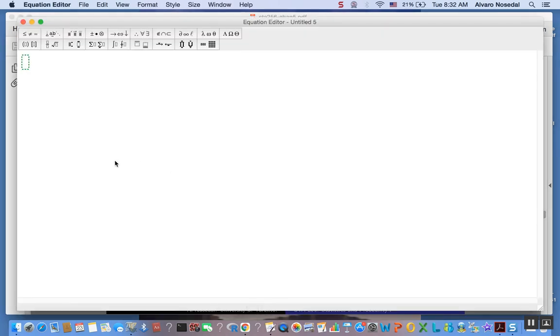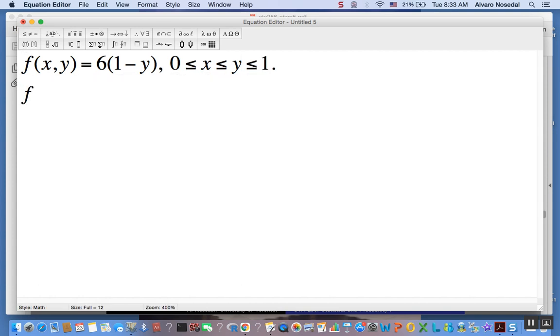I want f of x and y, that is going to be 6 times 1 minus y instead of y2, and we have some restrictions for x and y. And this joint PDF is 0 otherwise.